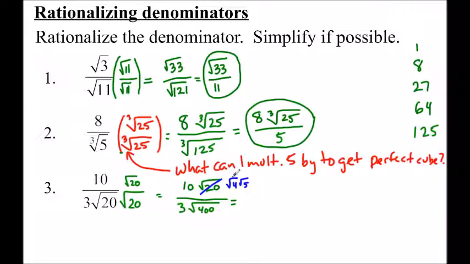So up in the numerator, I know square root of 4 is a 2, right? So 2 times 10 is 20. 20 square root of 5. In the denominator, I've got 3 times 20, because square root of 400 is 20. And now these 20s, being factors, can divide out. So I'm simply left with square root of 5 over 3.